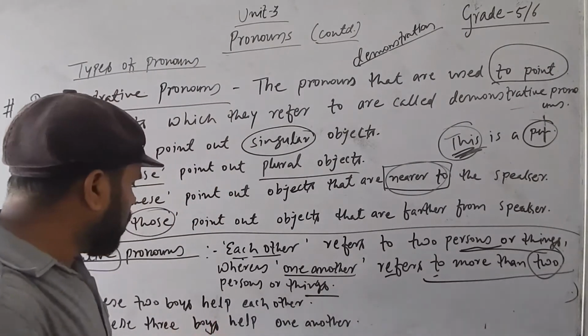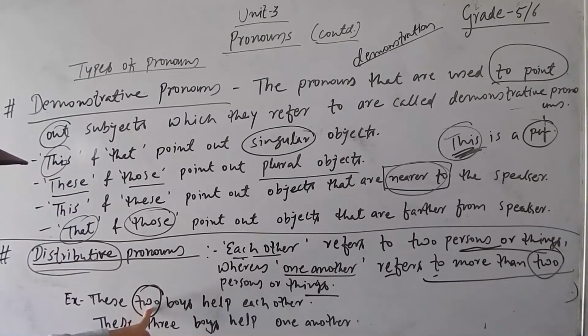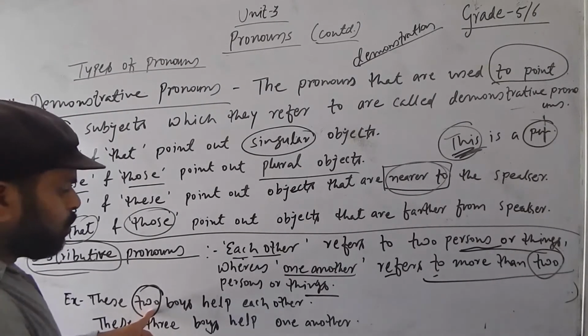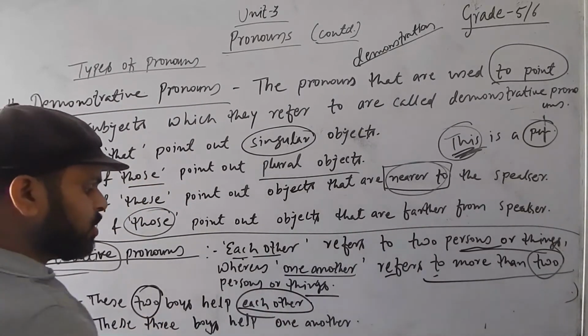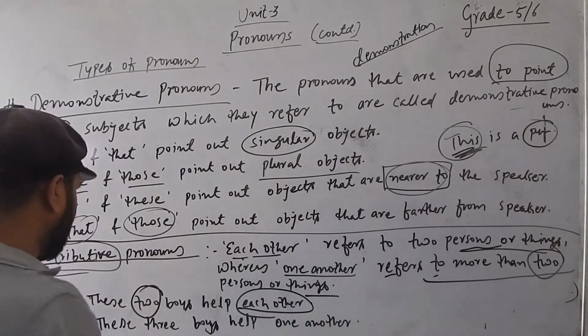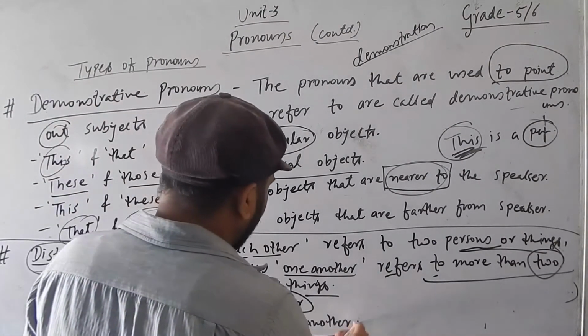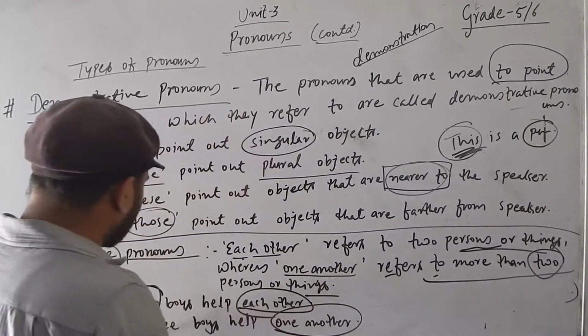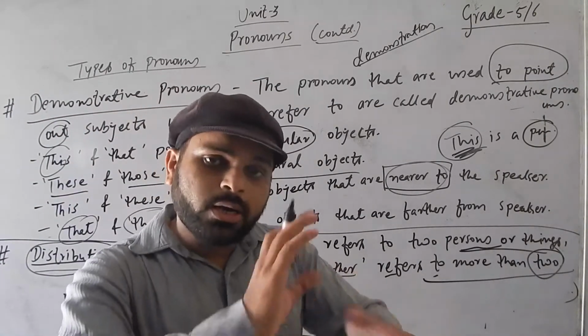Here, just two boys are given, and for two, the distributive pronoun each other has been used. Likewise, these three boys help one another. More than two, that is three boys, help one another.